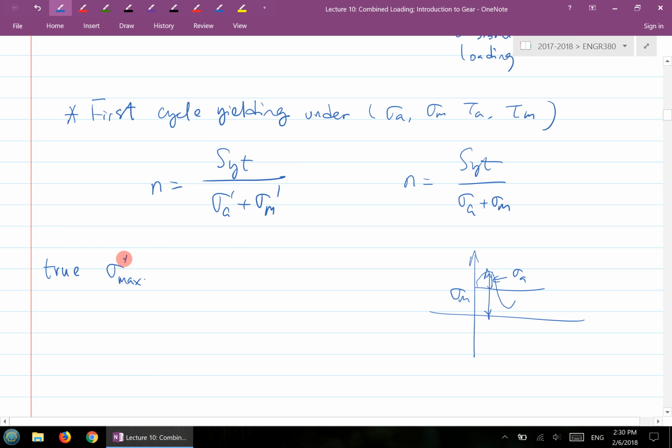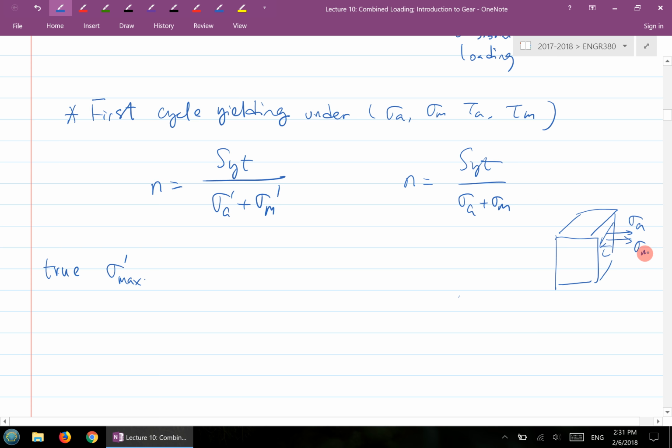Okay. So the true sigma max is based on sigma A, sigma M, tau A, tau M. It's like if you have a stress element, you have a sigma A, you have a tau A, and then you have a sigma M and tau M also.